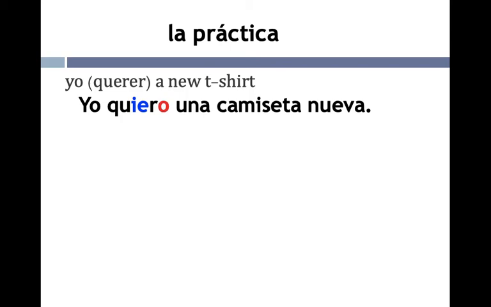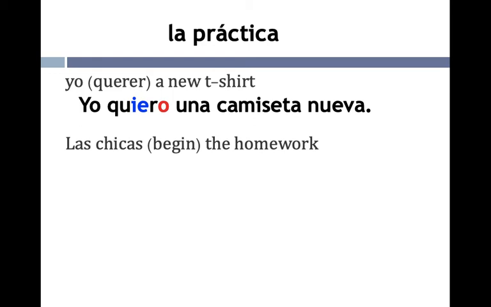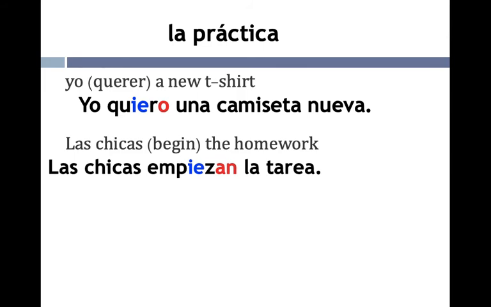And remember that the adjective new goes after the word t-shirt en español. ¿Cómo se dice the girls begin the homework? Las chicas empiezan la tarea. You could also say las chicas comienzan la tarea.